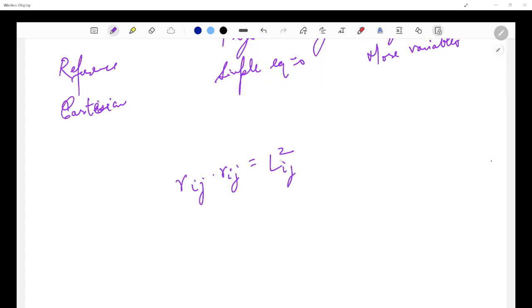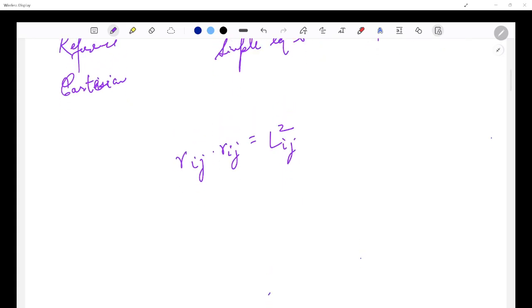It means the distance between 2 points remains constant. If there is a 3-point constraint, it can be Rij into Rik is equal to Lij into Lik into cos alpha. So, natural coordinates convert geometry into algebra.